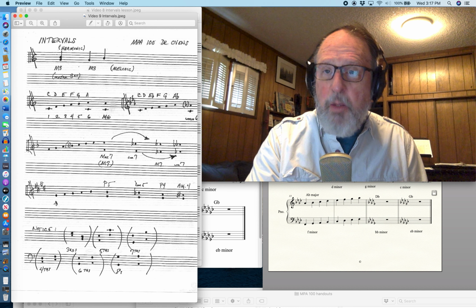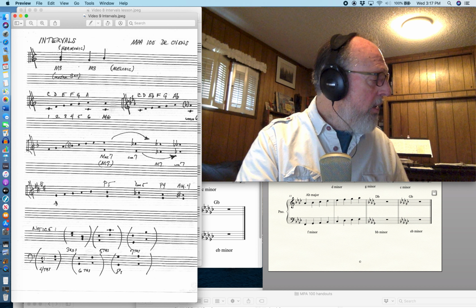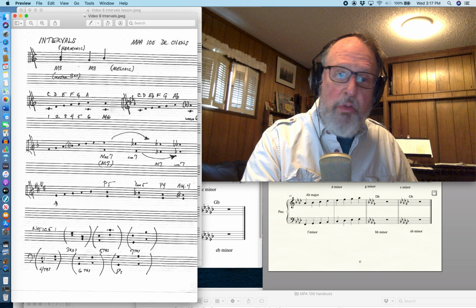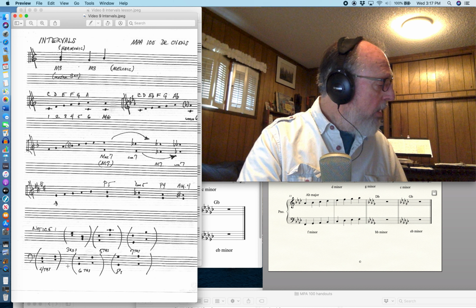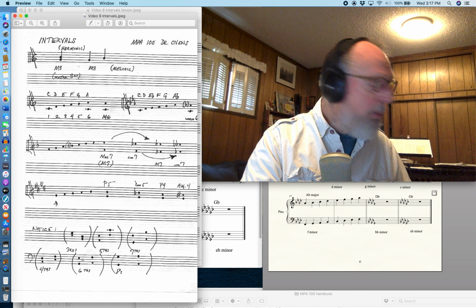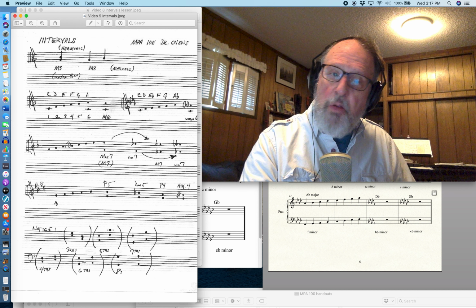The even numbered intervals: space, skip a space, line, in the bass clef, that's a fourth. Line, skip a line to the next space up, that's a sixth.